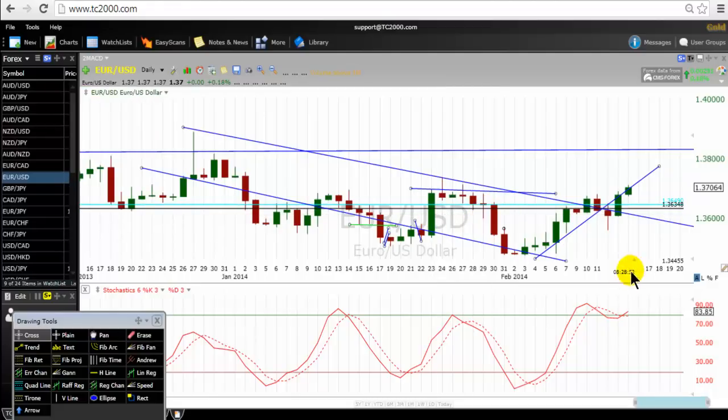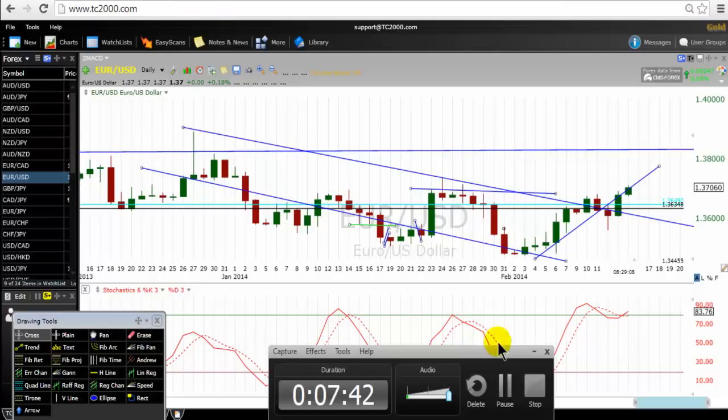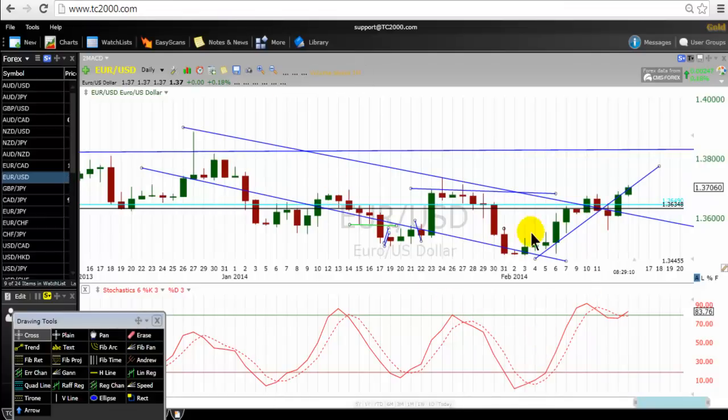All right, so today what's happening? So we have this doji and this bullish candle, which is a bullish candlestick pattern. The price is also out of the bearish channel. All right. I want to see my time. So 7 minutes so far. So we are now above the bearish channel.